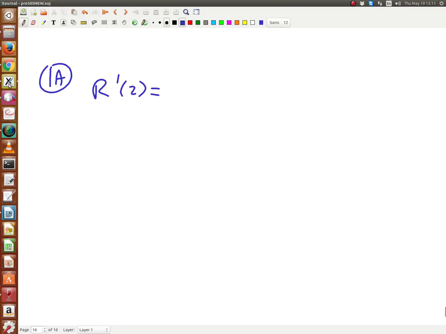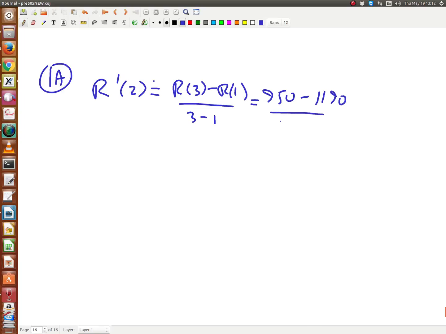All right, so let's see. It's going to be an estimate of R of 3 minus R of 1 over 3 minus 1. R of 3 was 950 minus 1190 over 3 minus 1, which is 2. And the numerator is negative 240, is it not? Yes, it is.